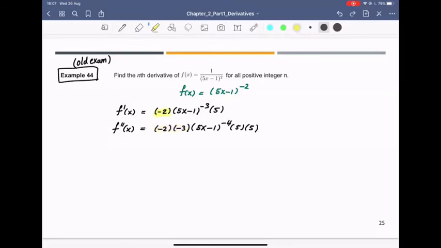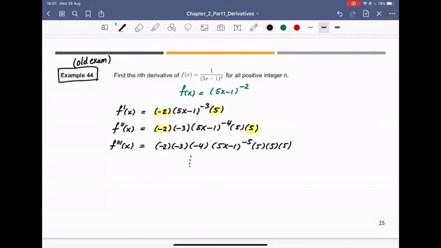And 5 is a constant, I don't touch it at all. So I only differentiate (5x minus 1) to the -3, and then I keep doing that. -2, -3, -4. All right, so you can see the pattern now. -5, and then 5, 5 and 5.